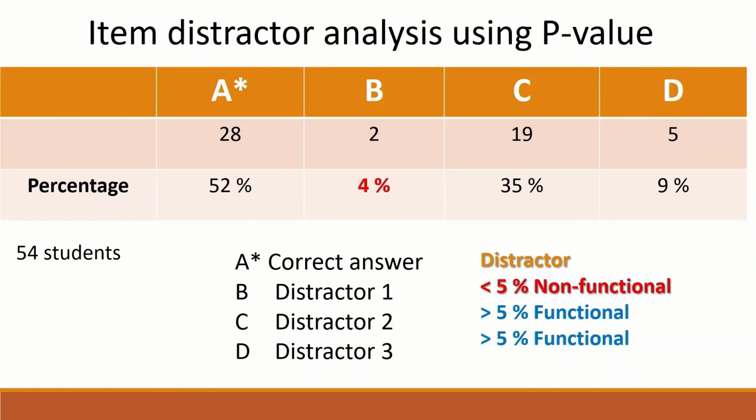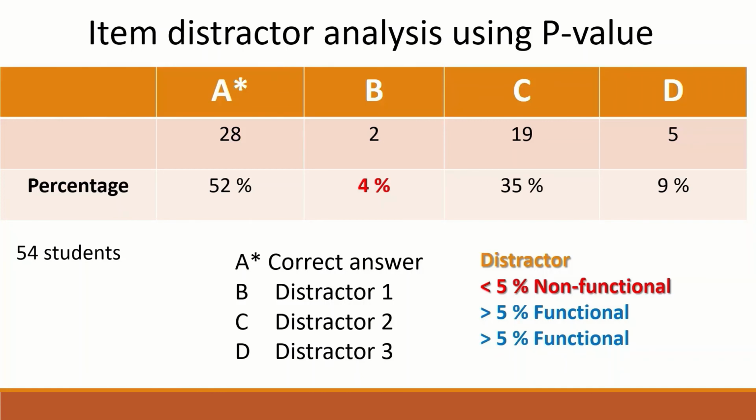In this slide, there is an example for item distractor analysis using the p-value or the percentage value. For 54 students participating in the test and answering a multiple choice question that has 4 options, A, B, C, D, A is the correct answer, and B, C and D are the wrong answers, so they are distractors.